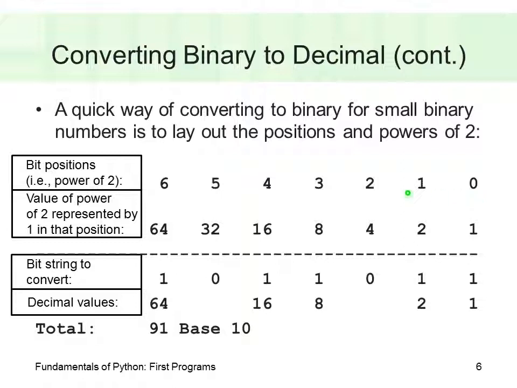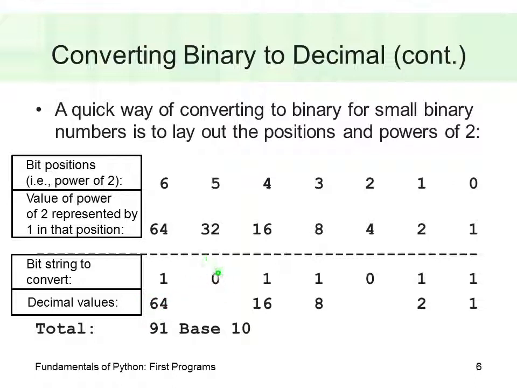Now, you don't have to put 0 through 6 up here, but it will prevent you from leaving one of these out. Now, you list the bit string to convert. All right, here's a bit string: 1, 0, 1, 1, 0, 1, 1. All right. Now, every time there's a 1, you note the value. If there's a 1, it really means a 64 in base 10.